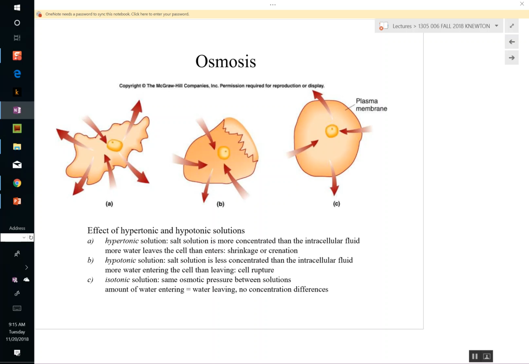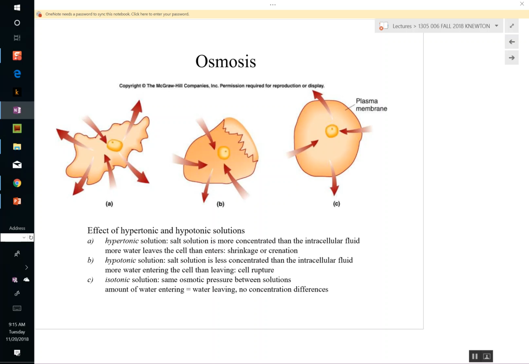But if you get to a hypotonic solution, here's where, if you put in an IV of just water and you diluted the plasma around here at a lower concentration, you're going to have water flowing into the cell, and it's going to make the cell swell up and burst.